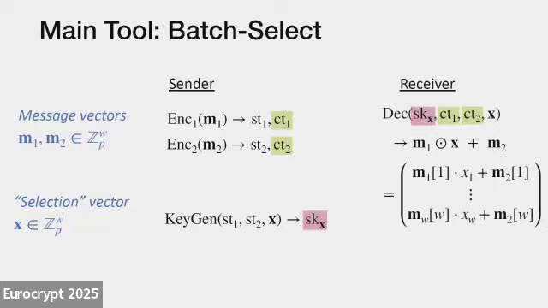Sending all of this to the receiver, what the receiver can now compute is this evaluation term right here: the component-wise multiplication between X and M1, plus the second message vector M2.